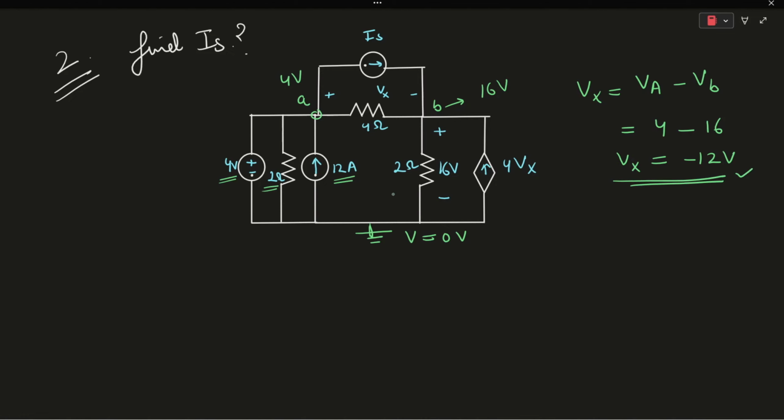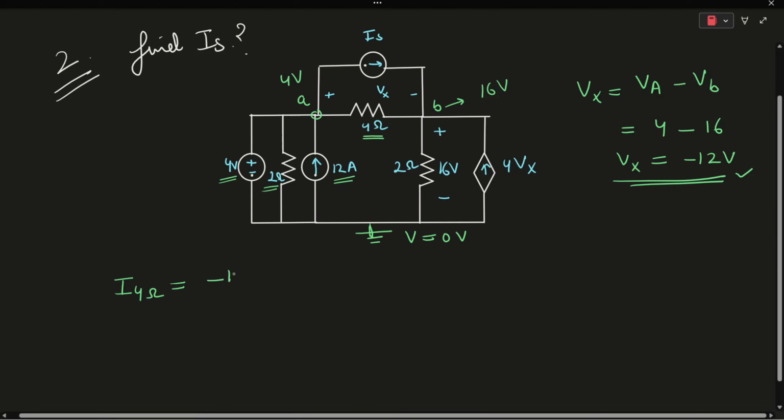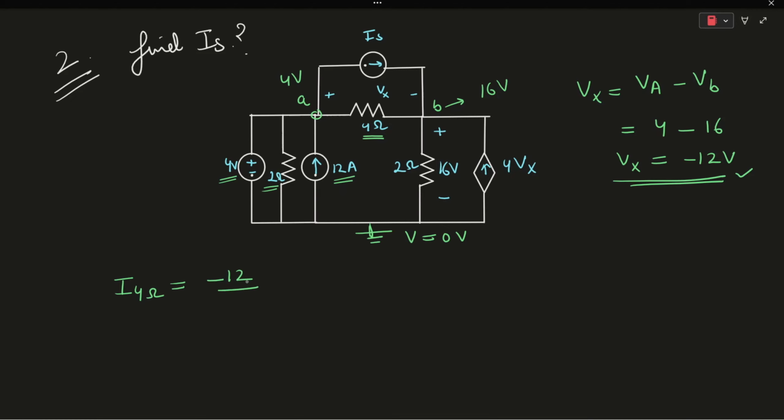Also, we can find the value of the current flowing through this 4 ohm resistor. According to Ohm's law, the current in the 4 ohm resistor will be equal to the voltage across it, minus 12 volts, divided by the resistance, which is 4. So the value of the current will be equal to minus 3 amperes.